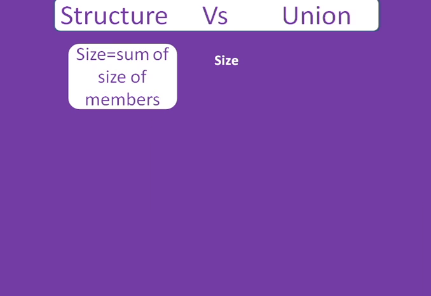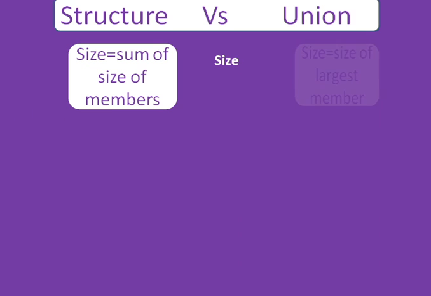Right? Next, size of the structure. The size of the structure is the sum of the sizes of all the members. That means if a structure consists of an integer and a float, two members, the size of the structure is the size of the integer variable plus the size of the float variable. That gives the size of the structure.